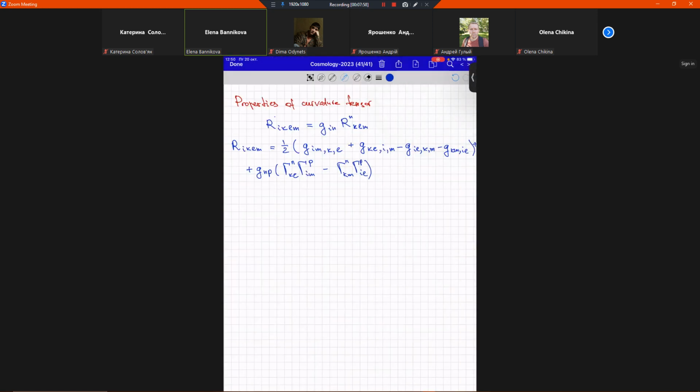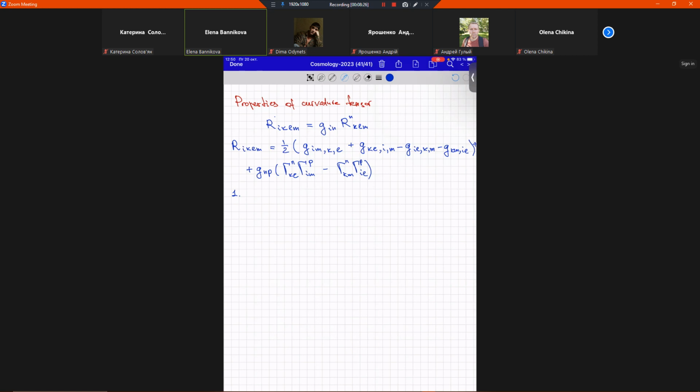So the first one is the property that the curvature tensor is symmetrical with respect to the permutation of pairs of indexes. What does it mean?